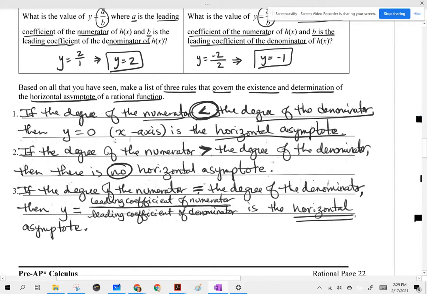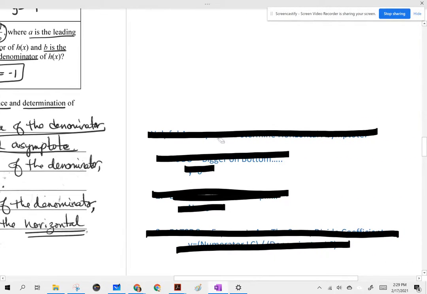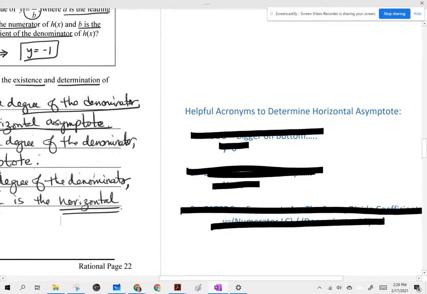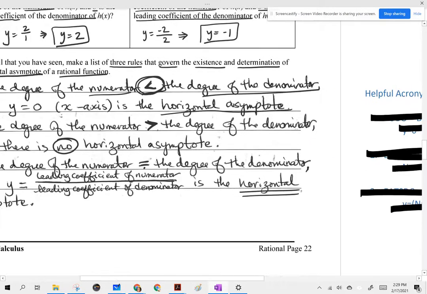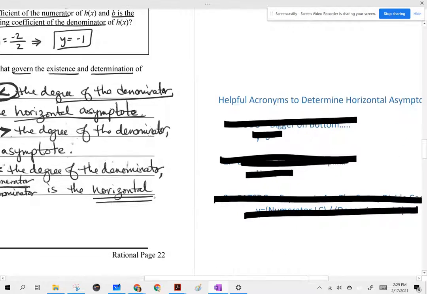So in your previous class, you might have studied this a little bit, but what I'm going to do is give you some acronyms to help determine those horizontal asymptotes. This might be a little bit familiar to you, but this right here is the technical verbiage and language of how to identify that, but these are just acronyms to help you remember that.